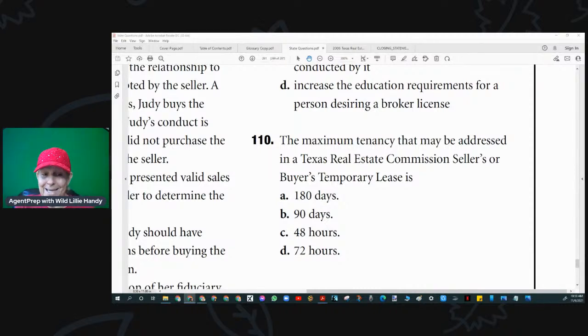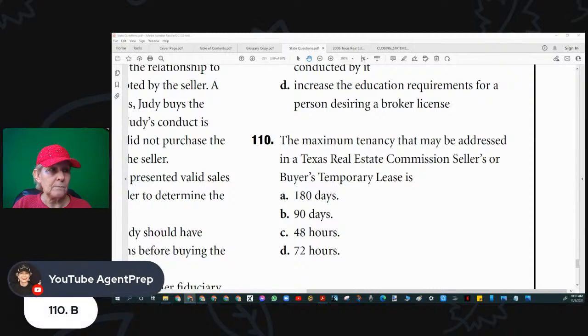Much better. Yes, the answer is 110B. It's 90 days. I've never experienced it. However, I have had a seller lease back for a couple of weeks, or a buyer needing to move in prior to close, which I typically do not advise the seller to do.